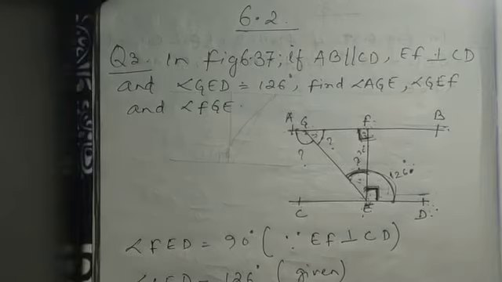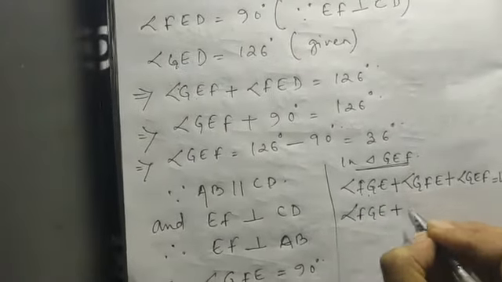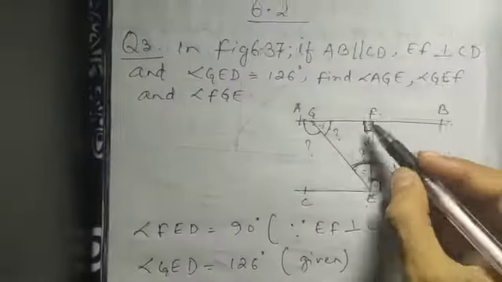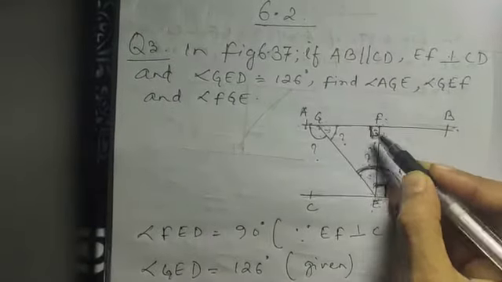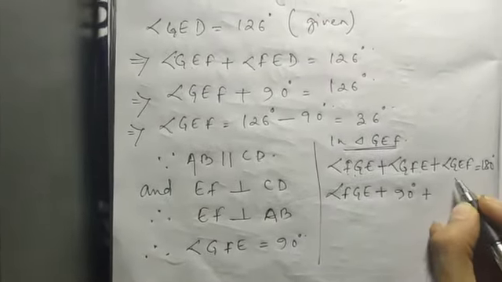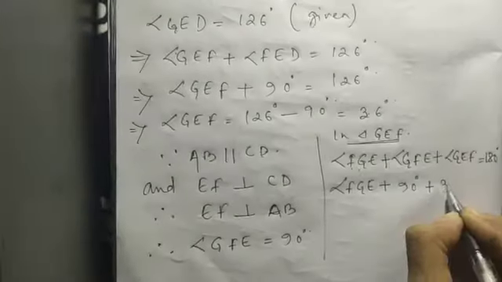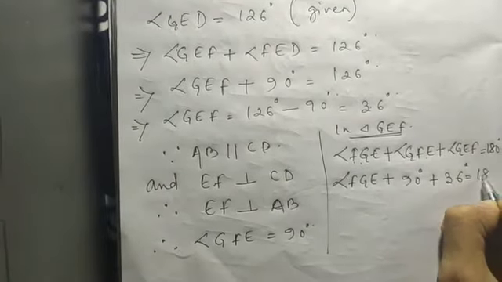FGE we don't know, so writing down FGE plus GFE, GFE we came to know is 90 degrees, plus GEF, GEF we got as 36 degrees, is equal to 180.